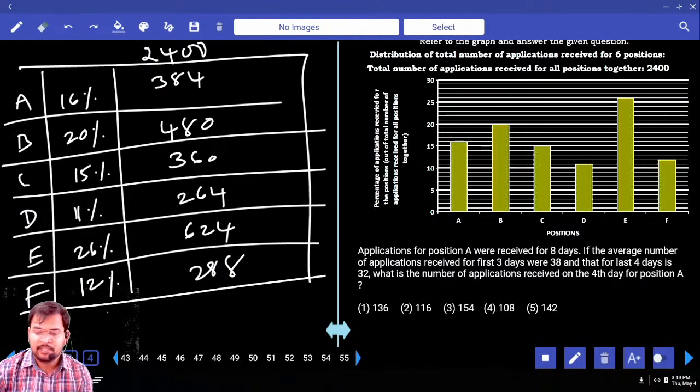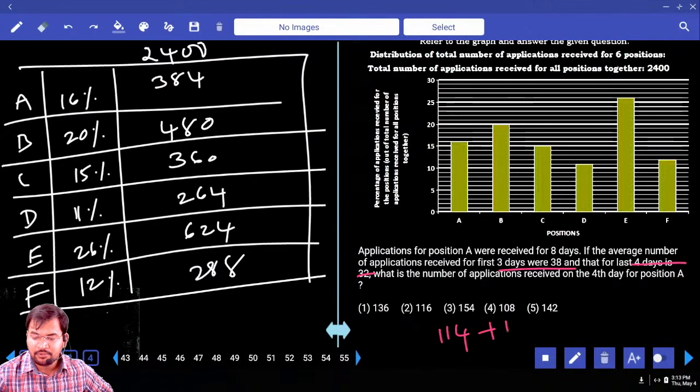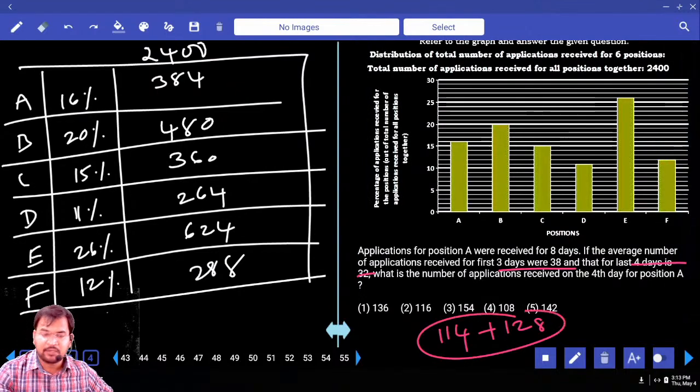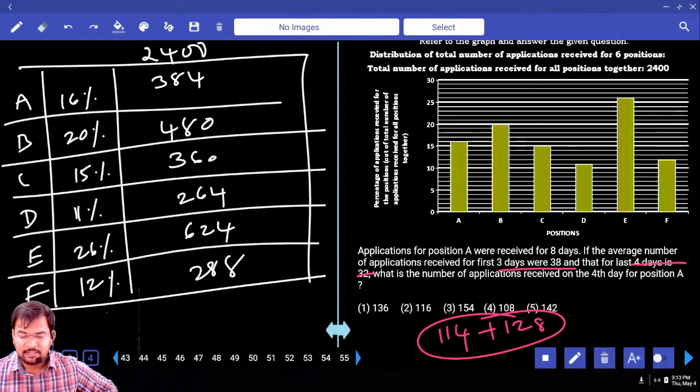First 3 days is 38, 3 into 38, 114. Last 4 days, 32 into 4, 128. Now if you subtract these values from 384, you will get the answer. Here 4 is there, here 8 is there, together 2. Subtract 2 from 4, 2. Answer ends with 2. 142.